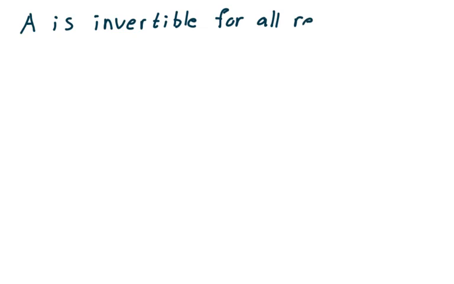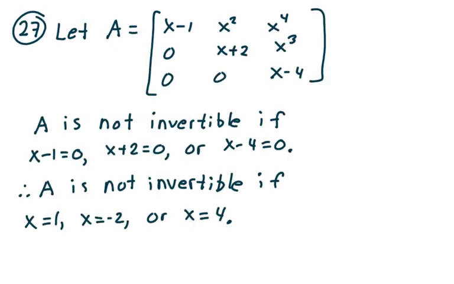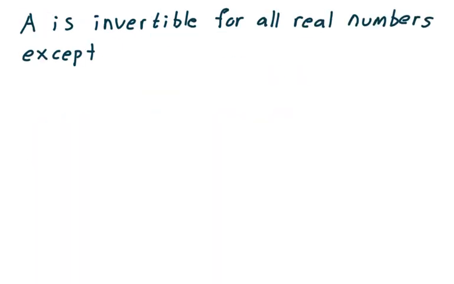So A is invertible for all real numbers except negative 2, 1, and 4.